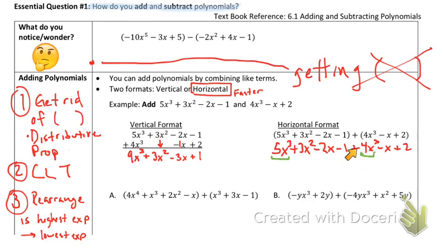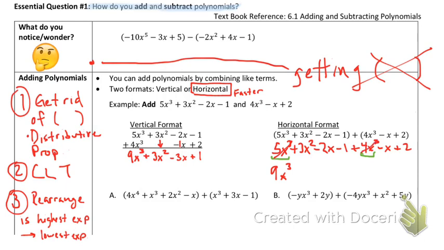And I continue going down the line, no other x to the thirds. And now we're simply going to combine the coefficients, the numbers in front of the variable. So I have positive 5, positive 4. That will give me a positive 9. And I write it out in front. So 9, and then we bring down the x to the third. What I like to do is cross these guys out just to keep things organized once I use them.